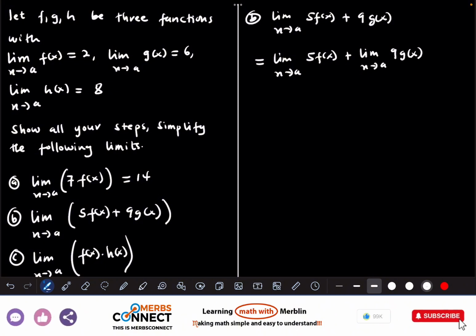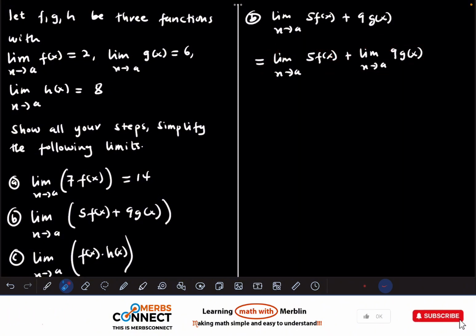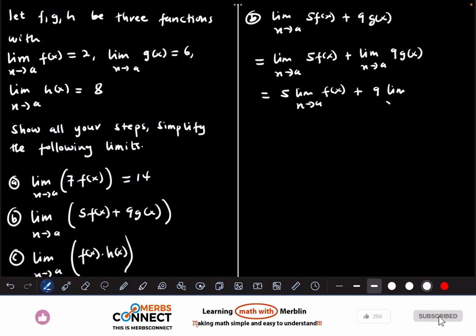So here we are using the properties of limit, so we will break them step by step, applying each property. After using this property, we have another property on this one, which looks like the a. So this one can be written as 5 limit as x approaching a of f of x plus 9 limit as x approaching a of g of x.